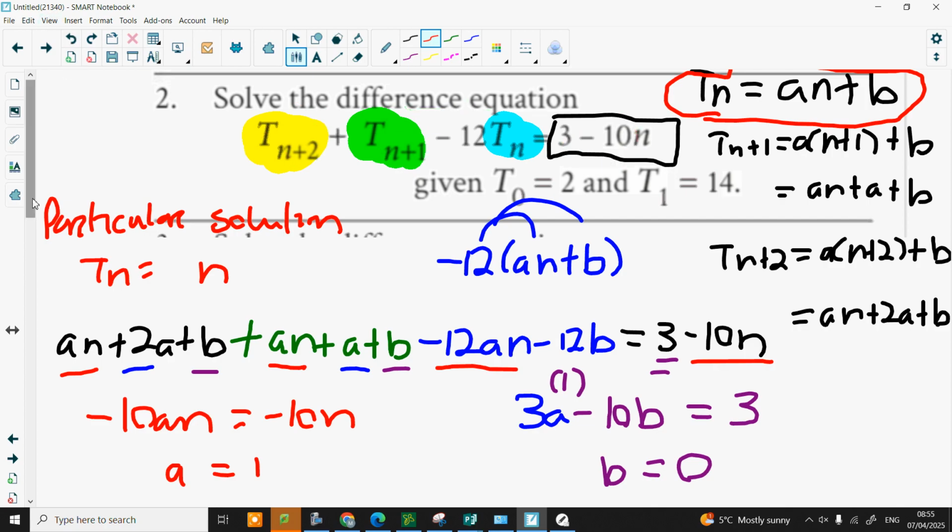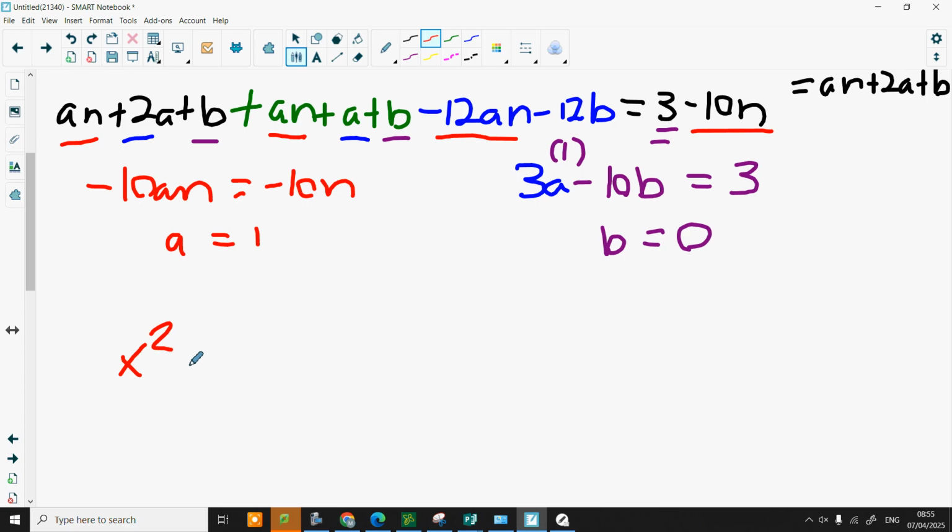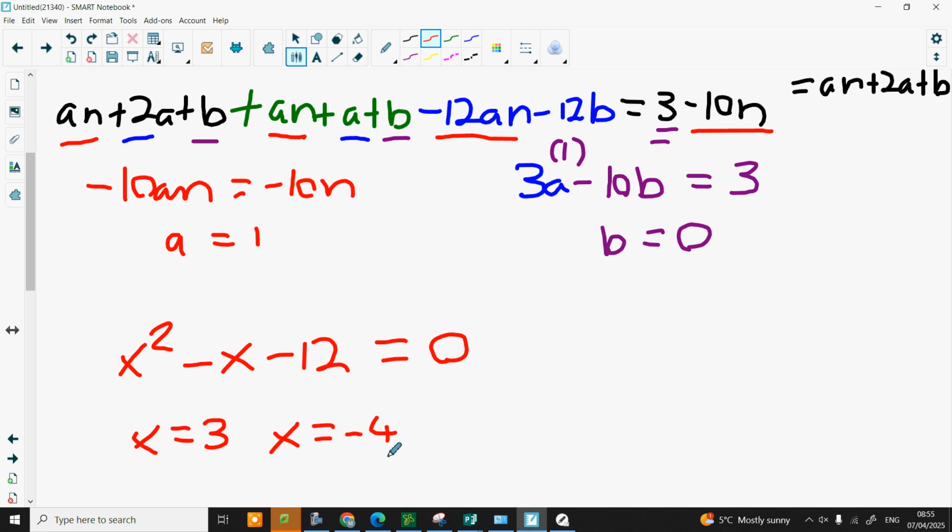Okay, so we'll do that now. X squared minus x take away 12 equal to 0. Two solutions to that, x equals 3 and x equals minus 4. See the way they're different?